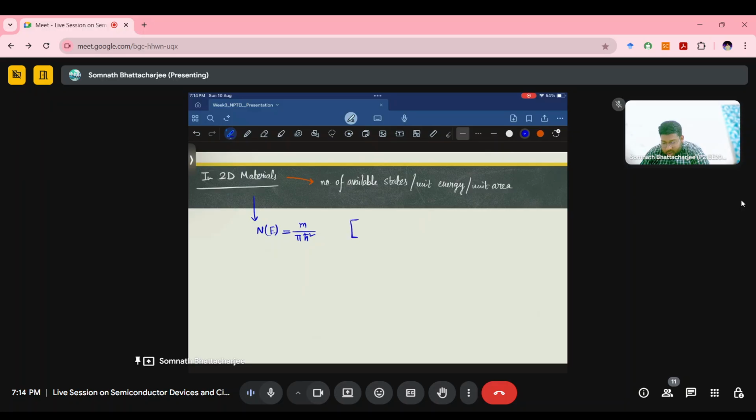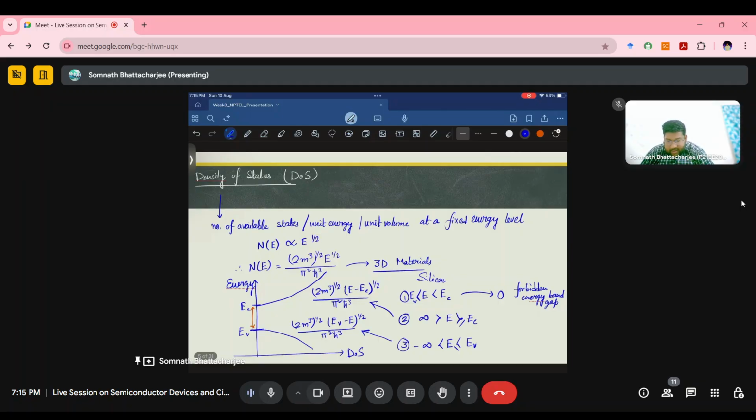The thing to remember in this case, a special note, is that it is independent of E. There is no E term here, so it is completely independent. While in the 3D case there were three different cases based on the energy levels: less than EC while greater than EV, greater than EV, and greater than EC as well.